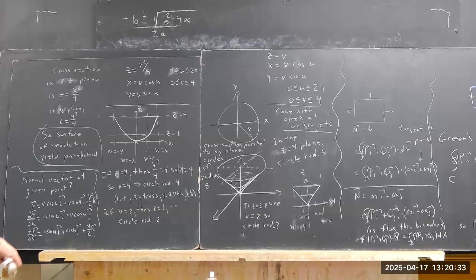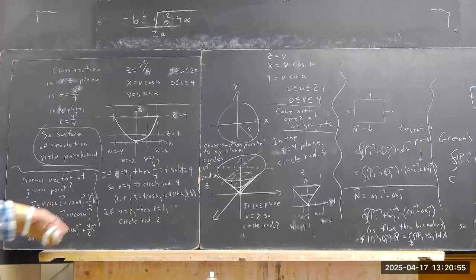Okay. Now, what I'm saying though is, if you change U by a little bit, then the vector change is going to be whatever that change of U is times this vector.